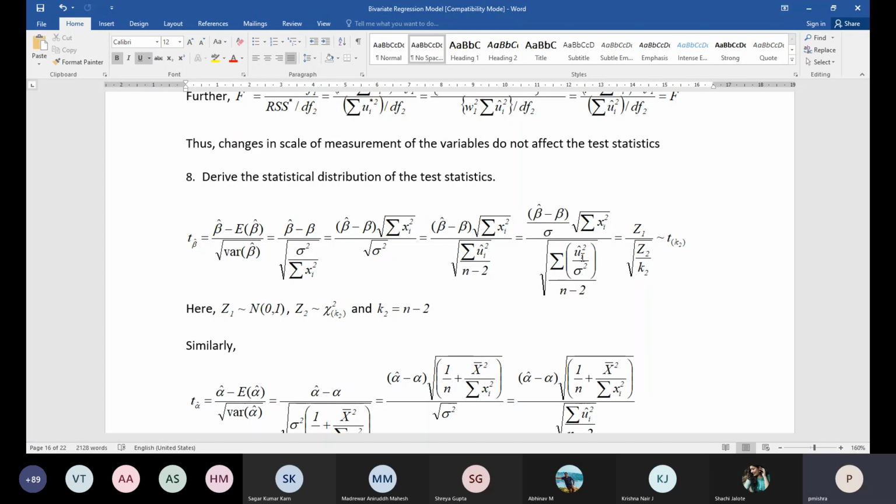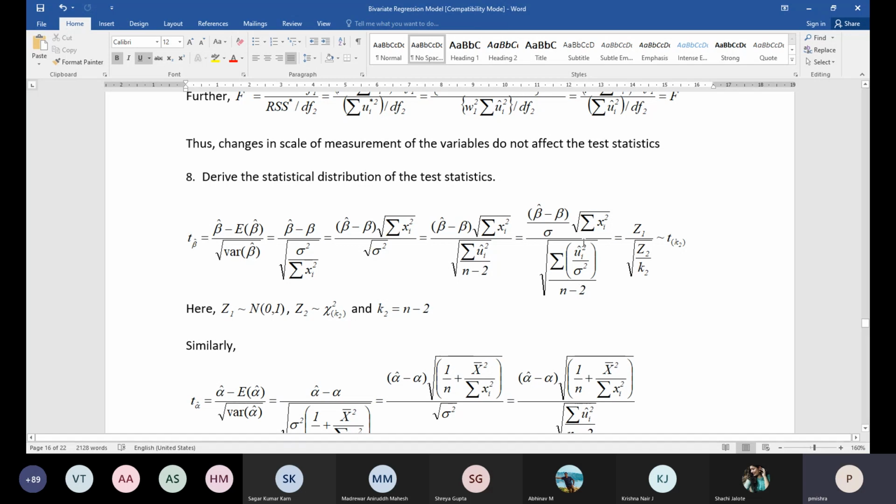Alpha hat follows a normal distribution, beta hat follows a normal distribution. So u hat i is essentially following a normal distribution. Now, if we take deviation from the mean, that is u hat bar, we know that u hat bar is equal to 0.